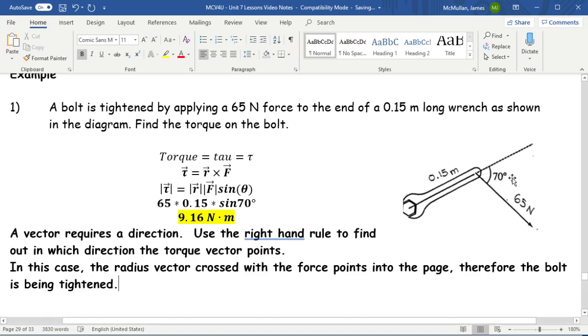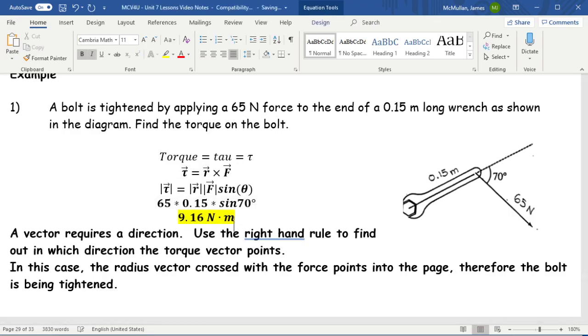Again, if you prefer, you can just look at the picture and tell me if it's being tightened based on what you know, but you should know how to use that right-hand rule. You will need it for certain questions. So to give our final answer, we say 9.16.